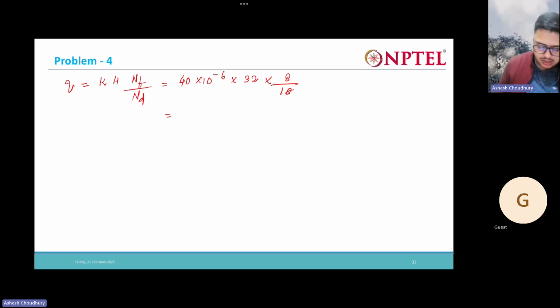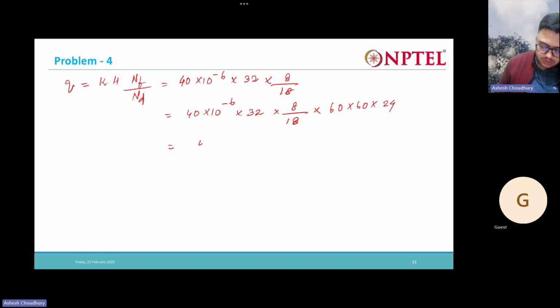It's asked, what is the seepage loss per day? So for these units we need to do some conversion. It is in meter cube per second, and I have to convert to per day, so multiply by 60 into 60 into 24.